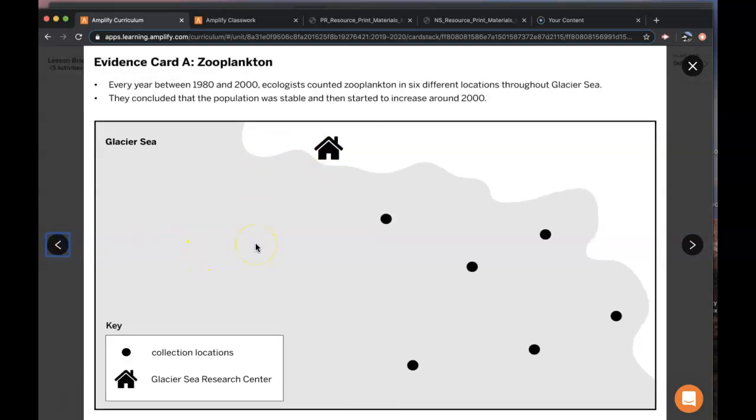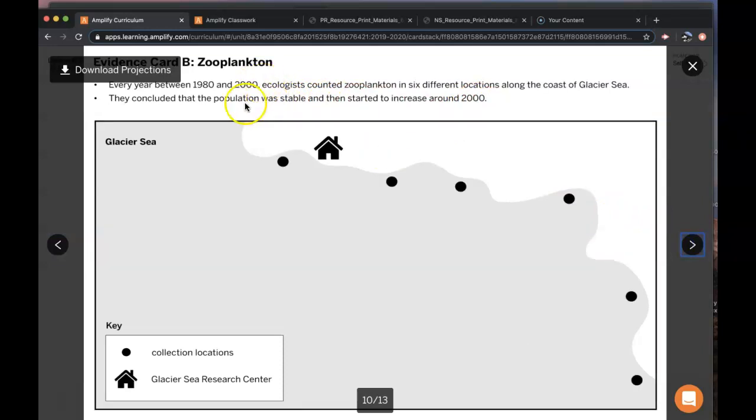It's also important to point out what the conclusions are between the cards of the same type of population. So on evidence card A, the zooplankton is saying that it was stable and then started to increase in 2000. B was stable and started to increase around 2000.